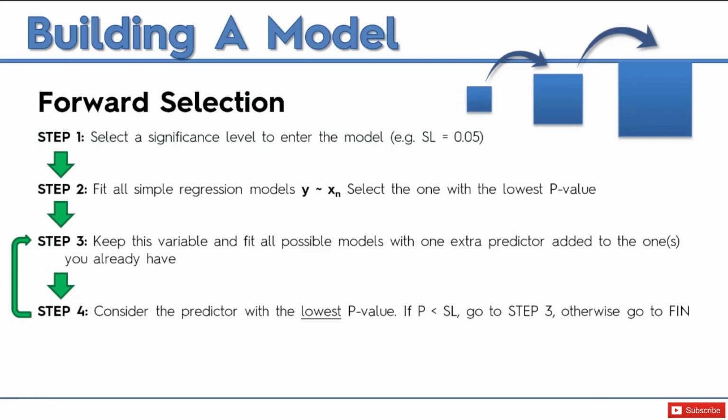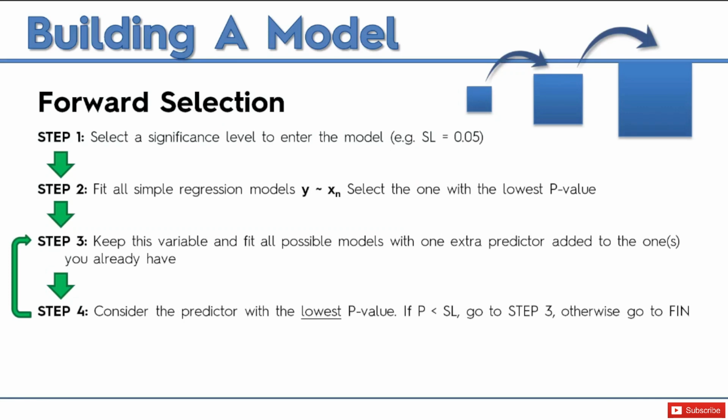What does that mean? It means that now we have a regression with two variables, and now we will add a third variable, and we'll try all possible variables that we have left as our third variable. And then out of all of those models with three variables, we will go to step four and we'll select again the one with the lowest p-value for that third variable that we added. And we'll keep doing that.